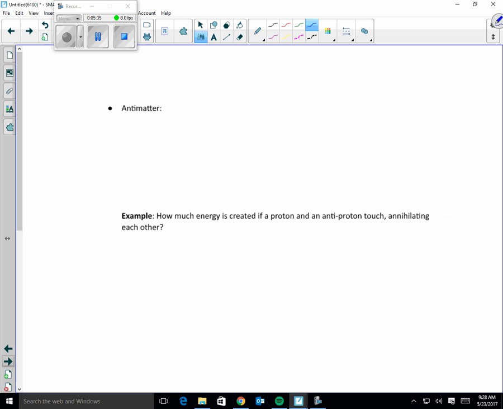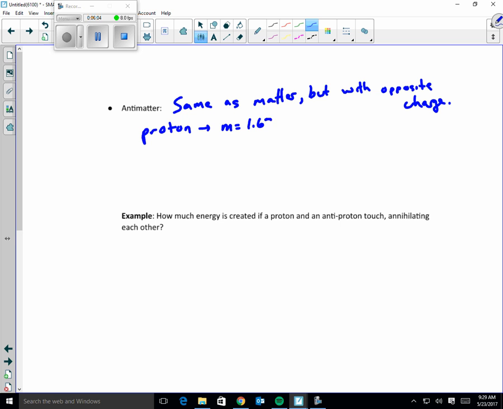Now, antimatter, remember, is the same as matter, but with the opposite charge. So a proton, the mass of it is 1.67 times 10^-27 kilograms.